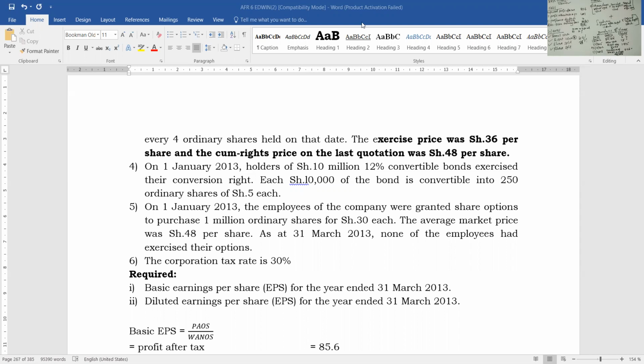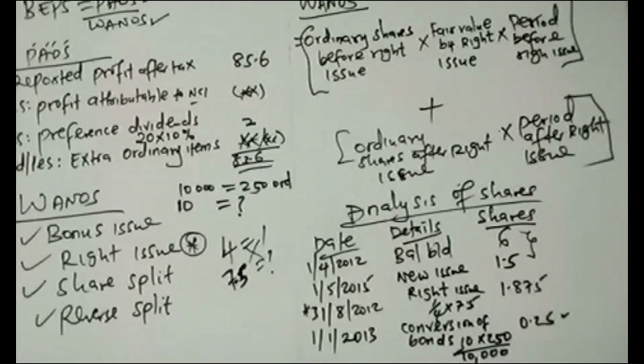So once we have done the analysis of the ordinary shares, the next thing I will do is now to apply these relevant ordinary shares in my formula to determine the EPS when there is this aspect of rights issue.